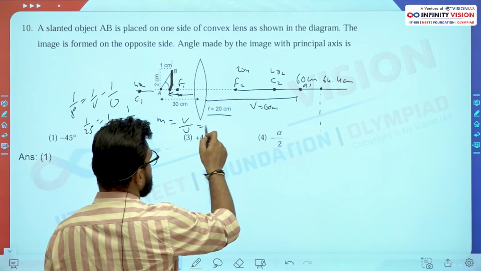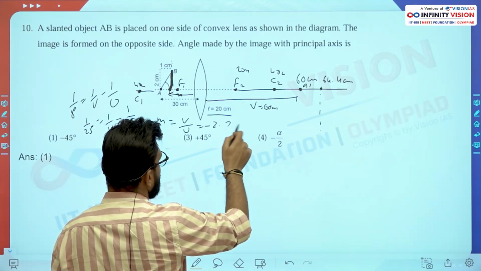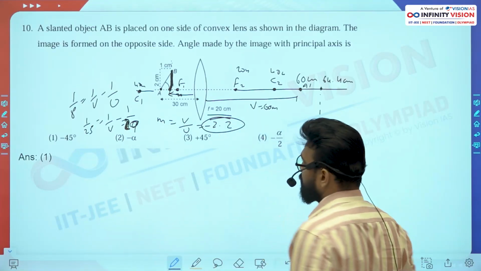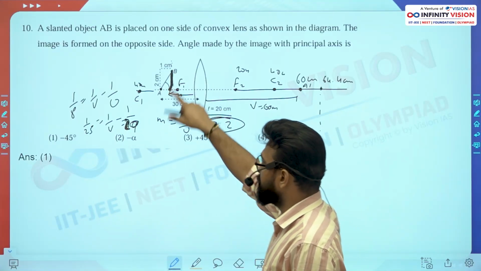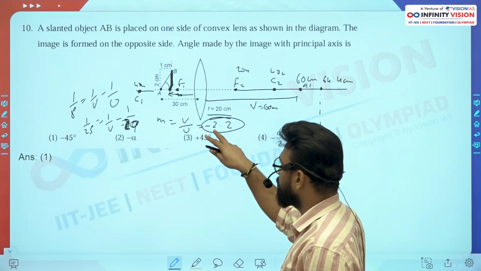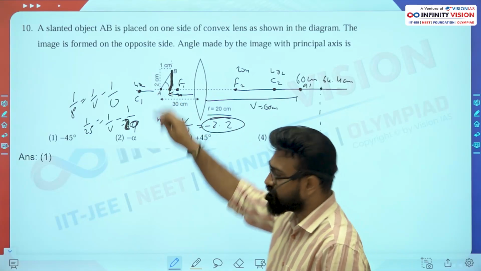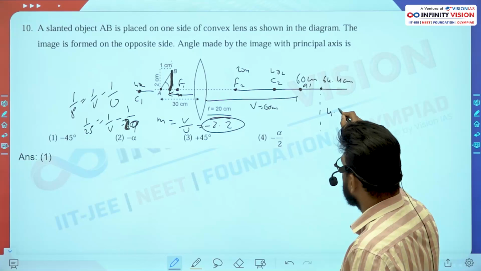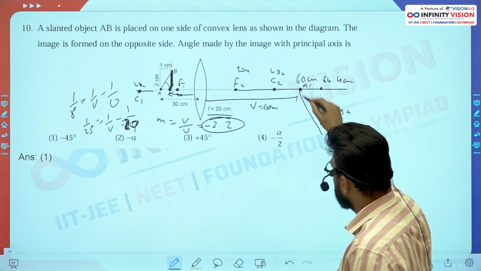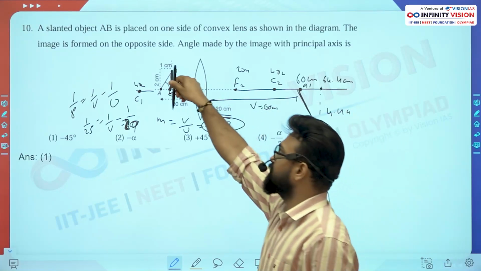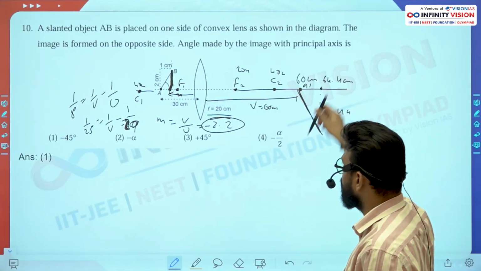From this, magnification comes out to be minus 2.2, from which the length of the image comes out to be 2.2 times 2 centimeters, which is nothing but 4.4 centimeters. So you will get the image somewhat like this. This length becomes 4.4.